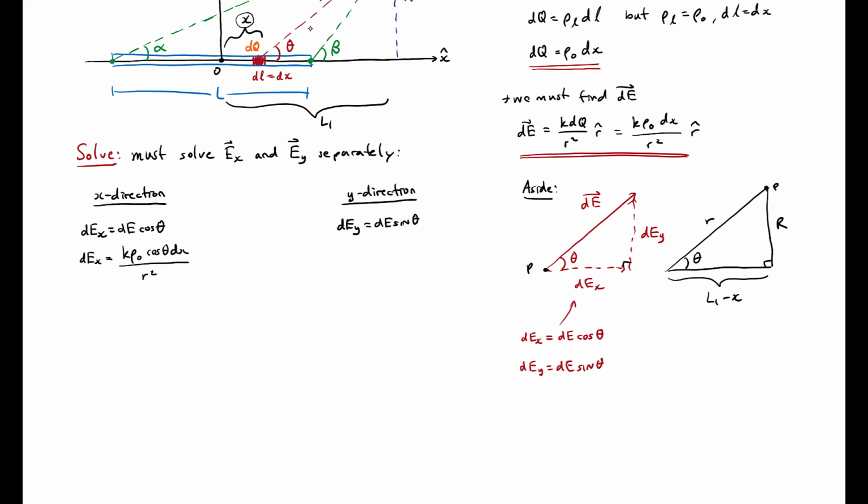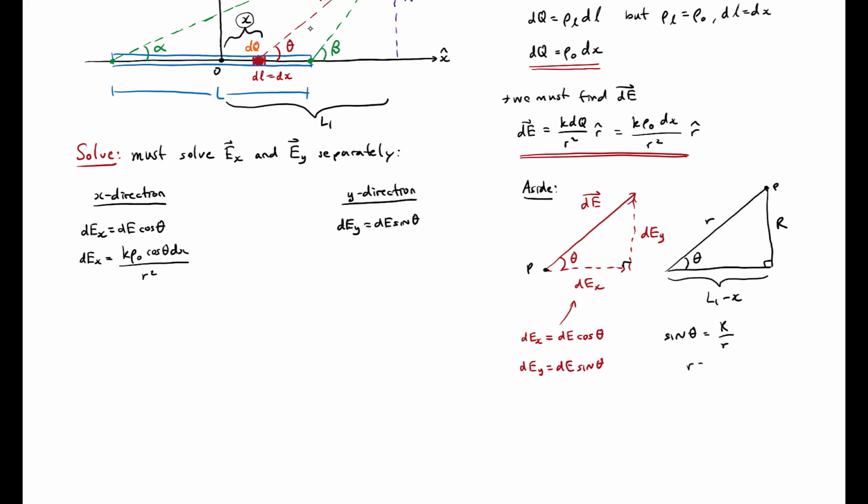And so now I want to be able to simplify this further. I know I have to integrate with respect to dx, but I'm stuck with this cosine of theta as well as this r squared. There are too many variables in here and no constants I can take out, so I need to find a way to simplify this. Looking at my triangles again, I know that sine of theta is equal to capital R over little r.